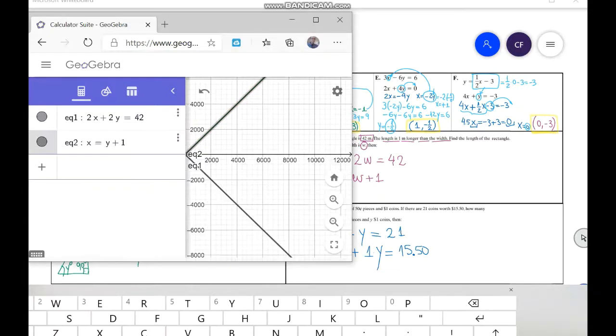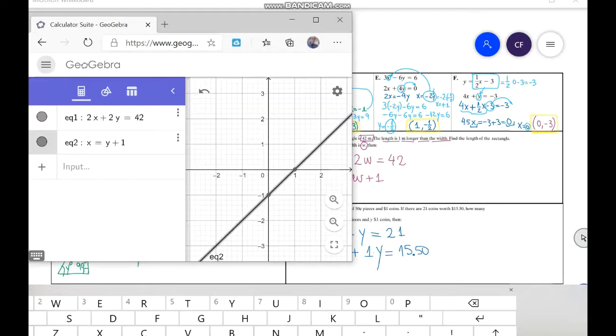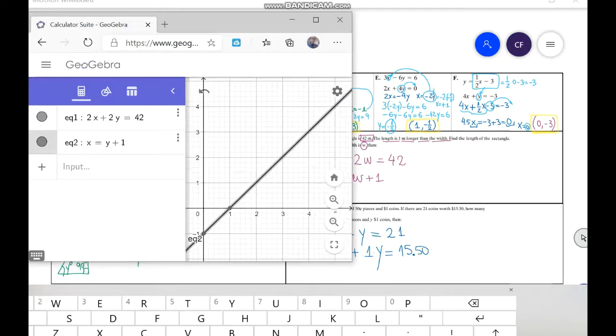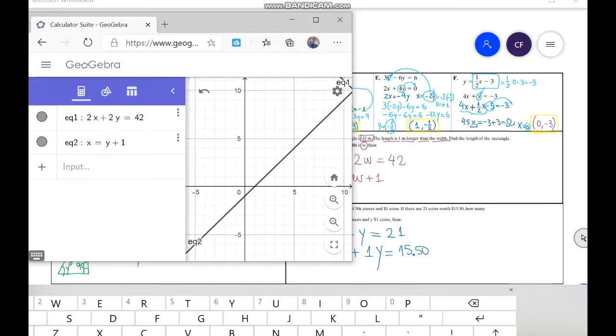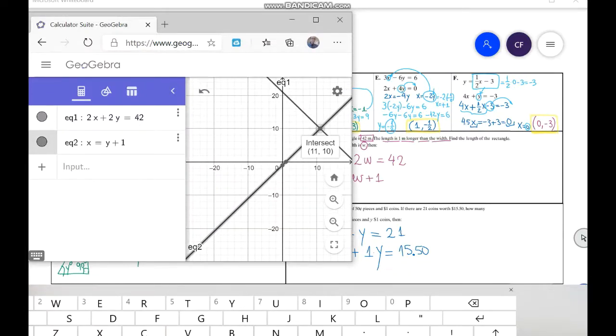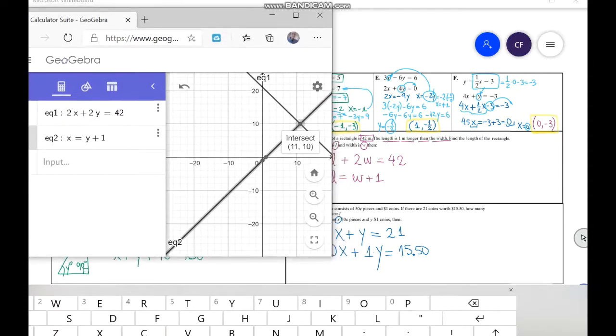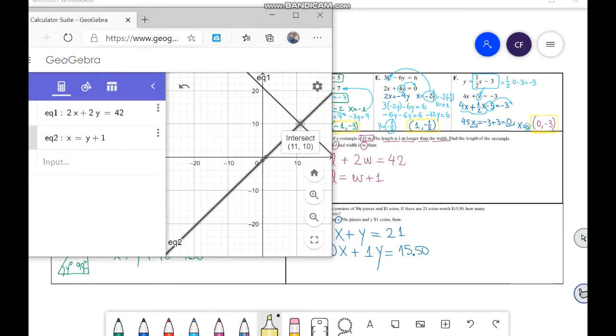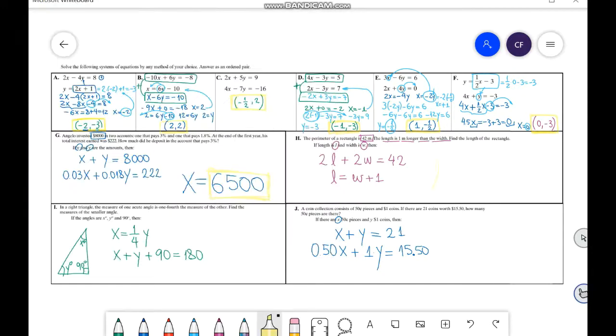Enter. Now check the answers, the intersection. The answer is going to be the intersection, and the intersection here is x equals 11, y equals 10. Okay, x equals 11, y equals 10. L equals 11. This is the answer for letter H.